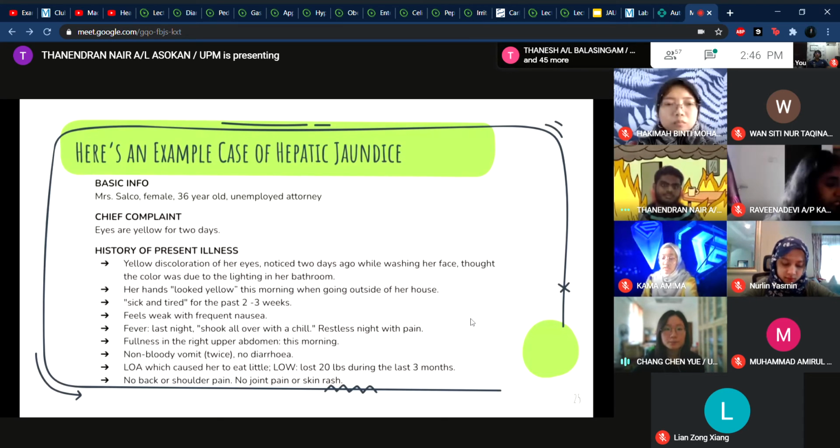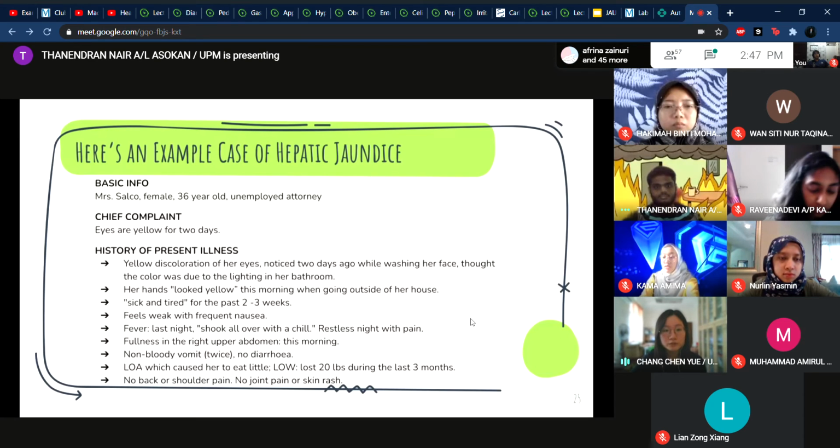So here's an example of hepatic jaundice. Mrs. Salko, female, 36 years old, unemployed attorney, and her chief complaint is her eyes are yellow for 2 days. For the history of presenting illness, she noticed yellow discoloration of her eyes 2 days ago while she was washing her face, and she thought the color was due to the lighting in her bathroom.